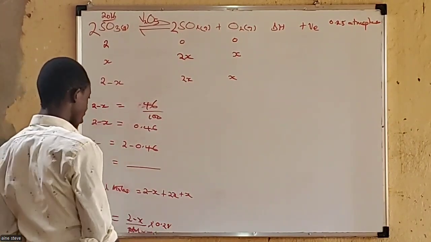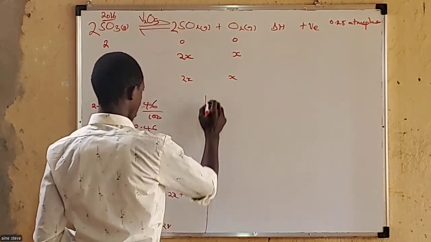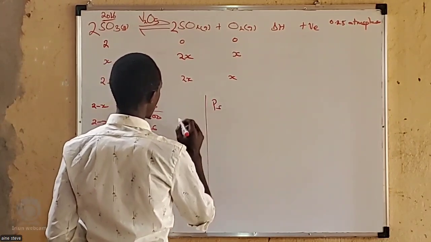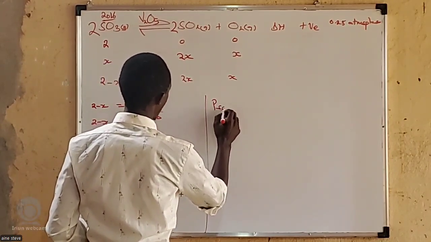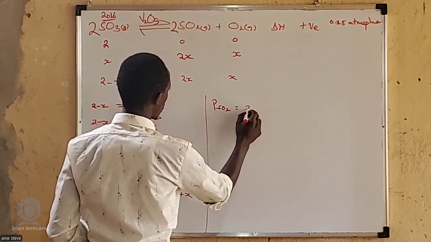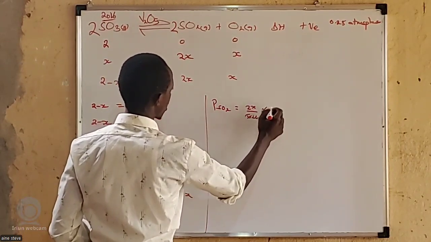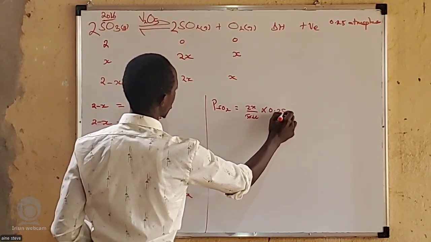So when you do that, you also get the partial pressure of sulfur dioxide, which will be 2X over total moles times the total pressure.